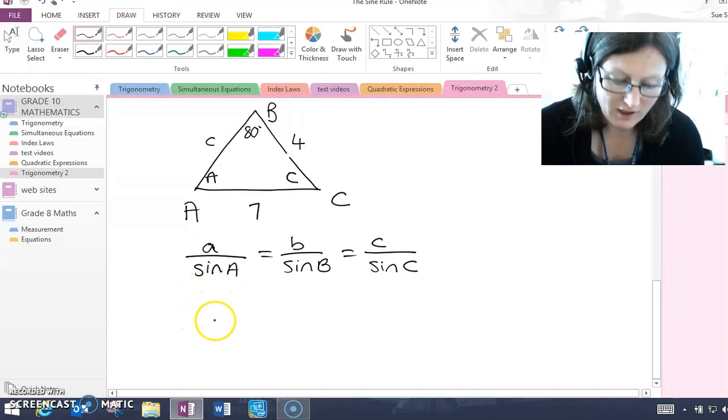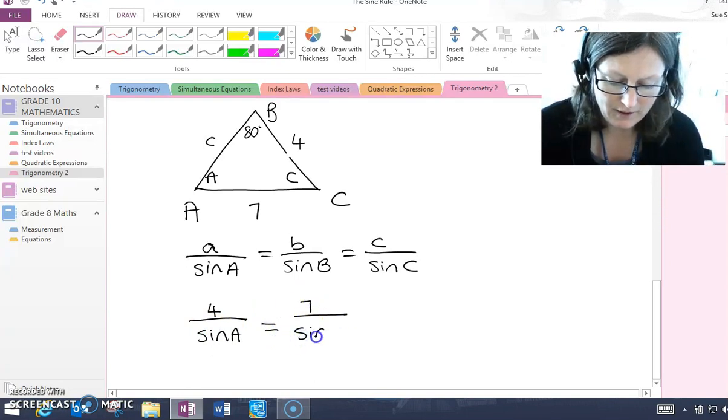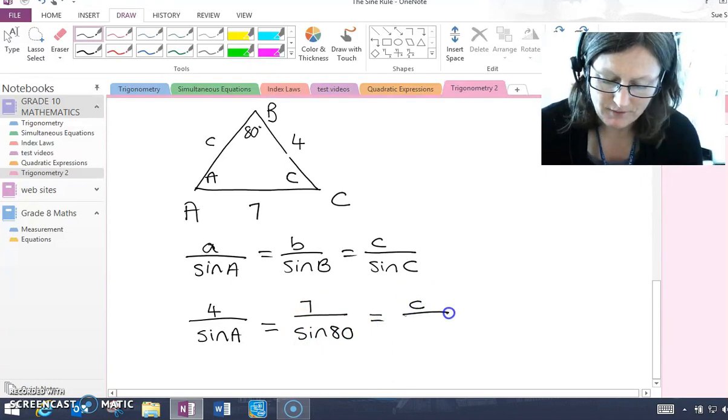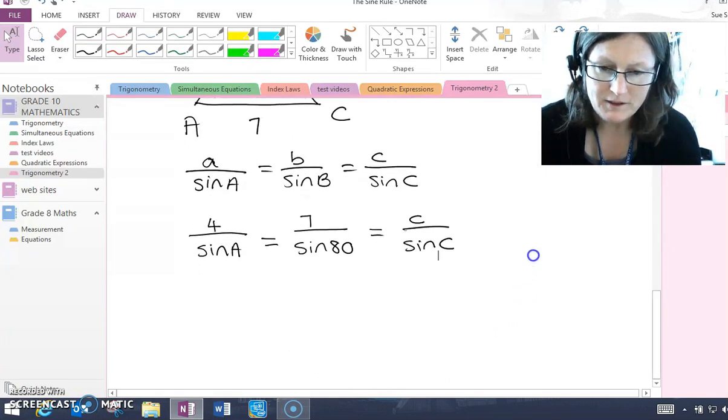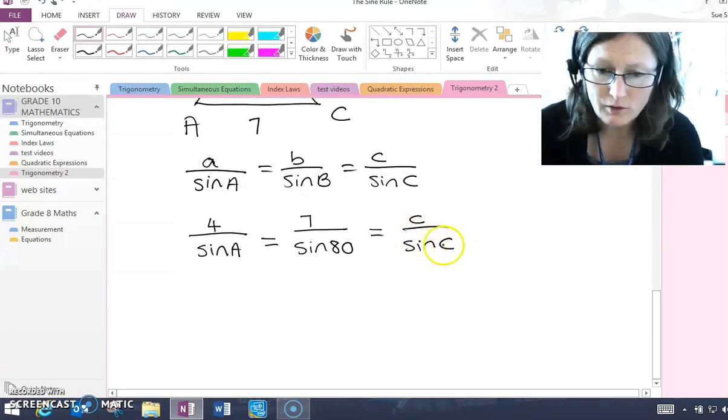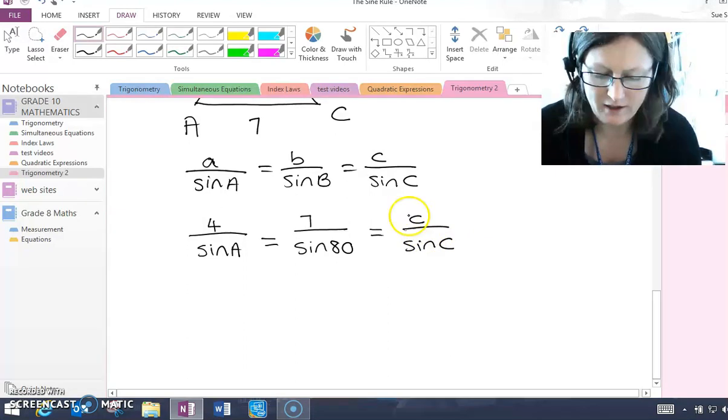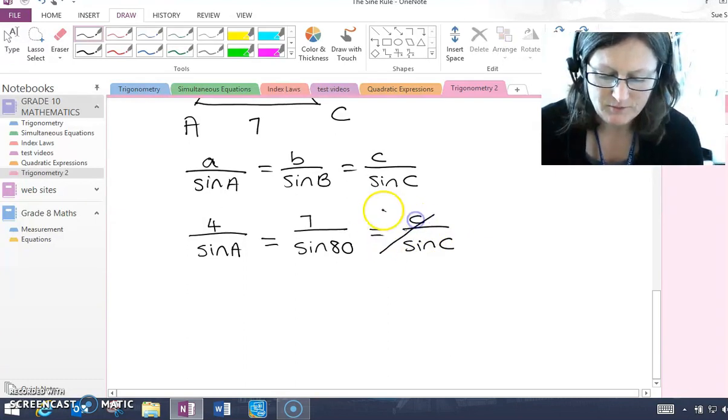So side A is 4, I don't know angle A, side B is 7, angle B is 80, I don't know side C, and I don't know angle C. From this, you can see I have no information about side C or angle C, so I don't need that.